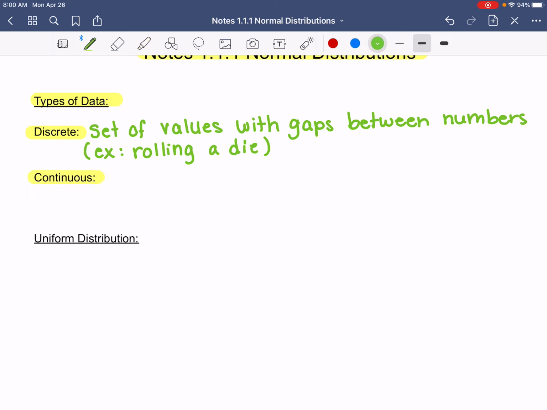Continuous data, on the other hand, has at least one value between your numbers, so it's just a set of values with at least one value between numbers.